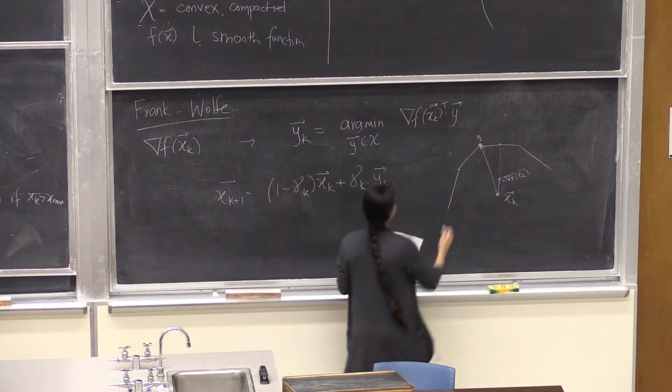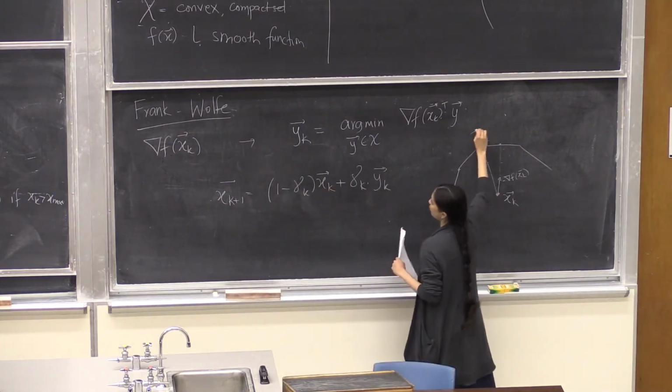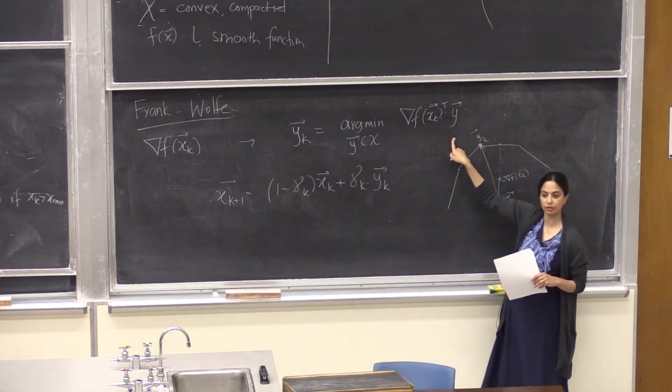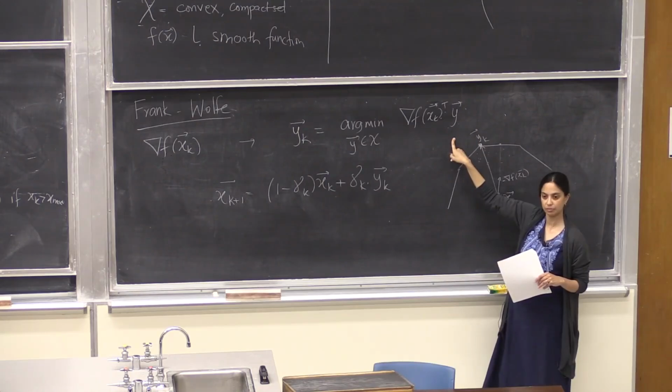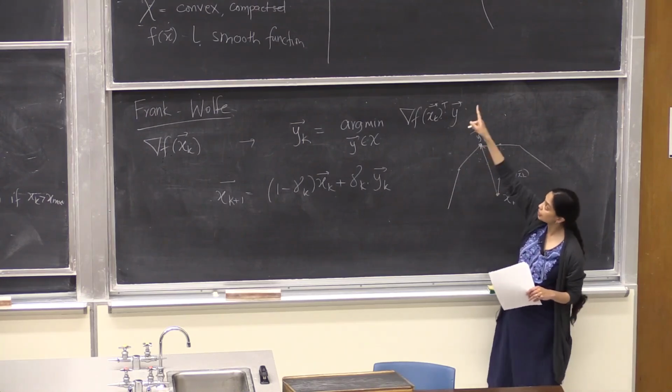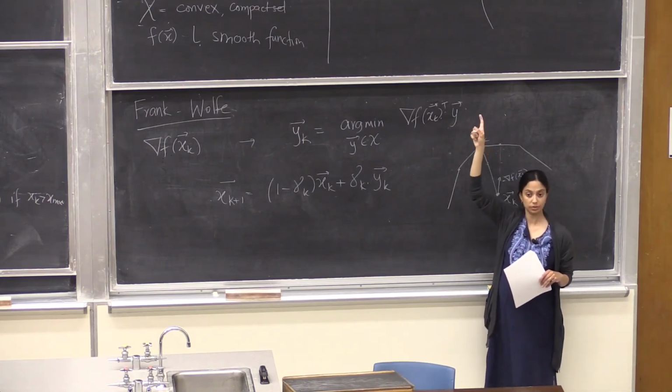So if this is my yk, and yk is the minimizer of this particular minimization, because it's just a dot product, it's an easier minimization to do than that projection.